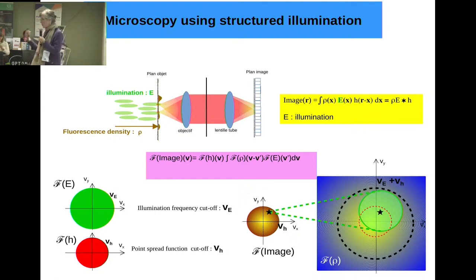So you need multiple images. This is why all super resolved microscopy techniques require multiple images. Sometimes they are hidden, you don't see them because you have a pinhole, but in fact you have multiple images. What does it mean? It means that you have multiple illuminations.